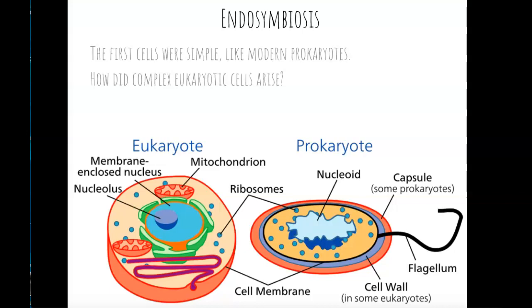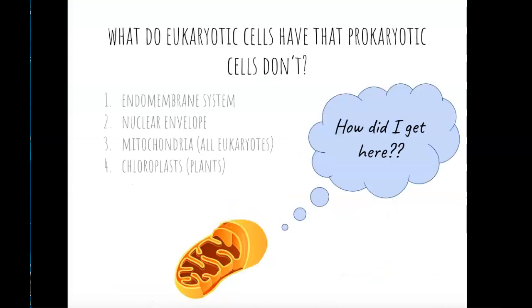And so the question becomes, if the first cells were simple, like modern prokaryotes, then how did complex eukaryotic cells arise? Our best hypothesis for this, and what is actually no longer a hypothesis, now it's a theory, is the theory of endosymbiosis. On the last slide we talked a little bit about what prokaryotic cells and eukaryotic cells have that are different.